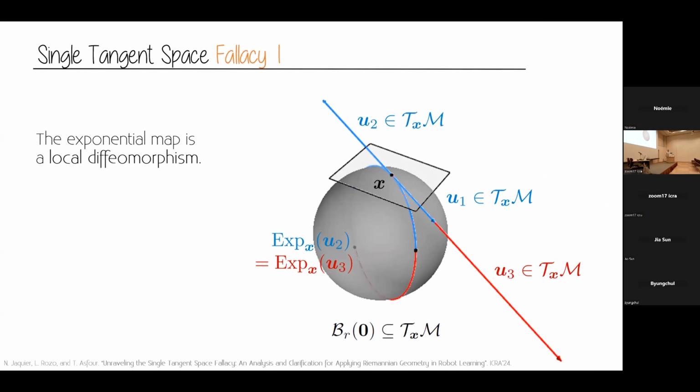So therefore, it's not a diffeomorphic mapping anymore, it's not bijective. What that means is that the exponential map is only a diffeomorphism within the injectivity radius, and this injectivity radius depends on the curvature of the manifold that we're working with.